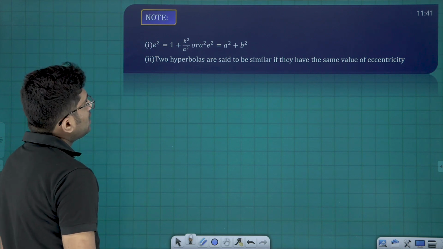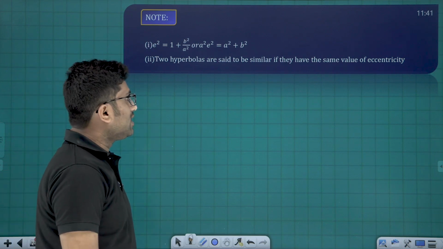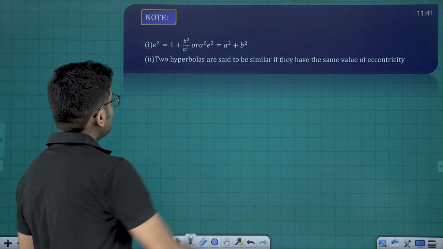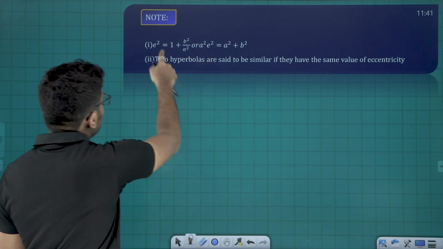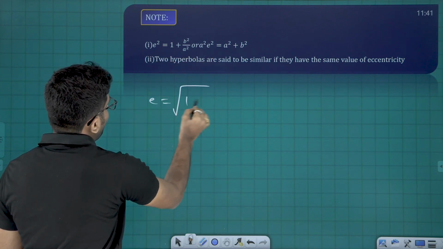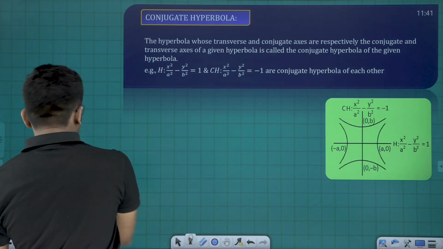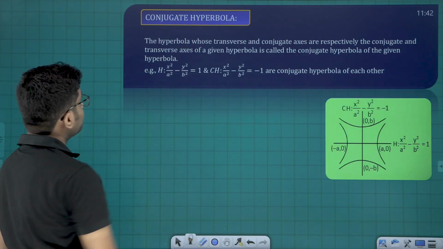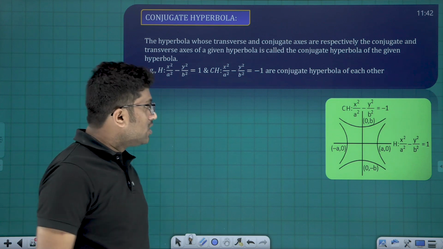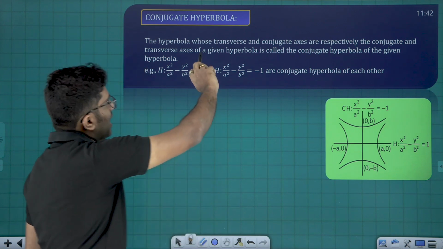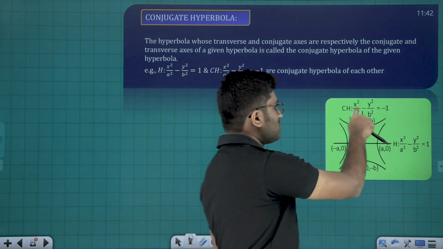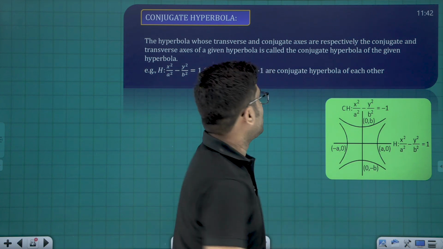Note, two hyperbolas are said to be similar if they have the same value of the eccentricity, and that eccentricity e is equal to under root 1 plus b square by a square. Next, conjugate hyperbola. A conjugate hyperbola is the hyperbola whose transverse axis becomes its conjugate axis and the conjugate axis becomes the transverse axis.